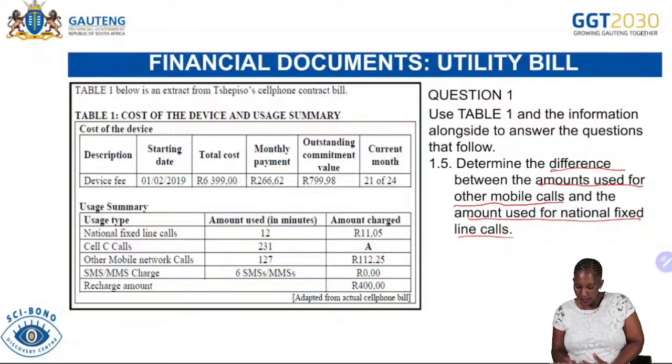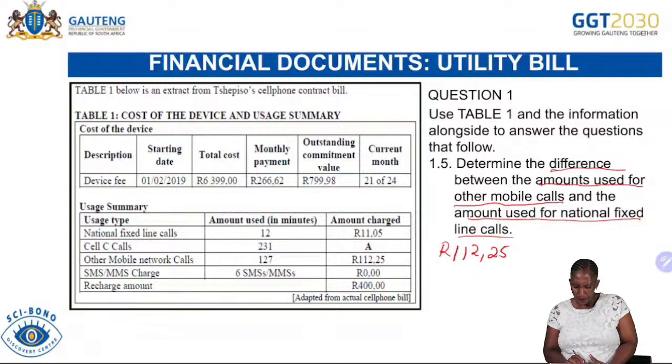Other mobile calls, how much did they use? 112.25. 112 rand 25. And then now, how much did they use there? Oh, okay. Boys and girls, can you see the mistake that I made? Here, I have selected the amount charged.